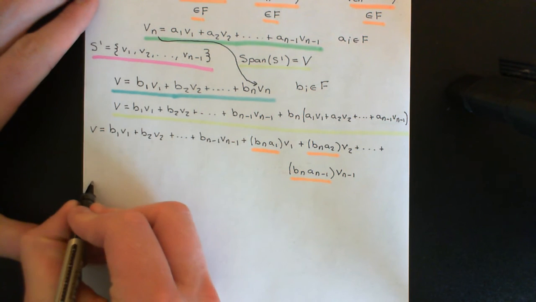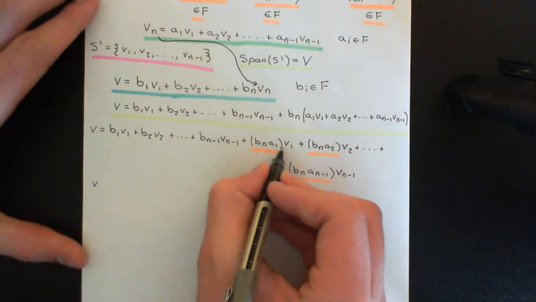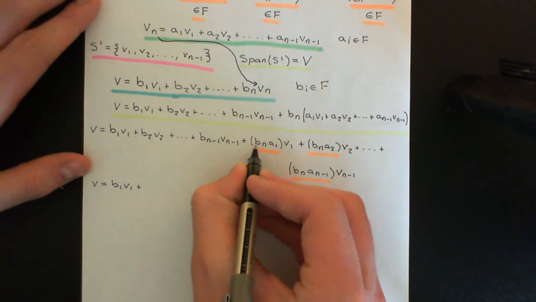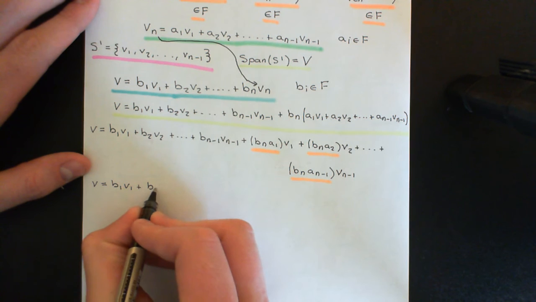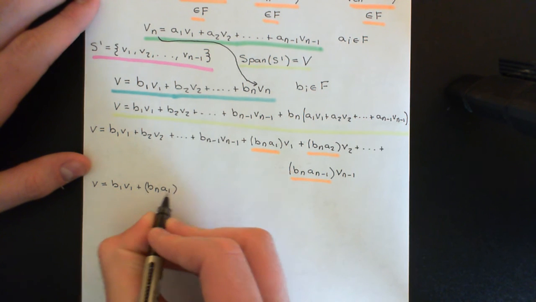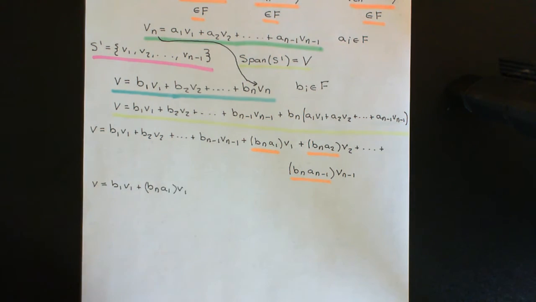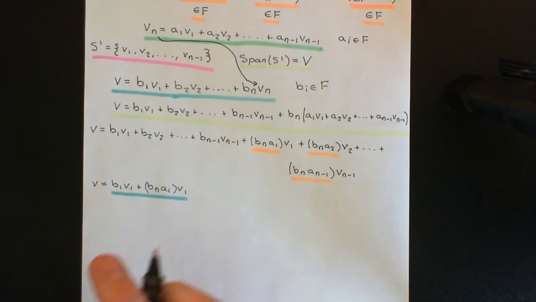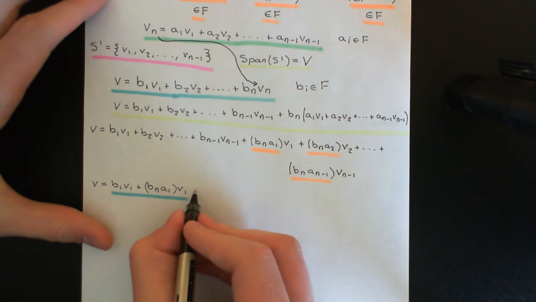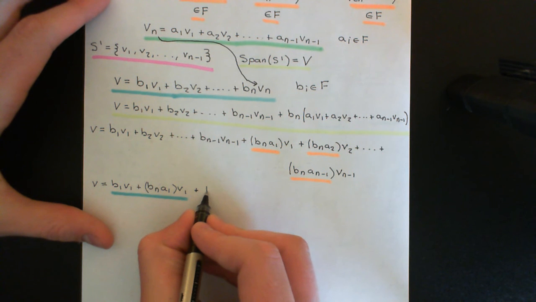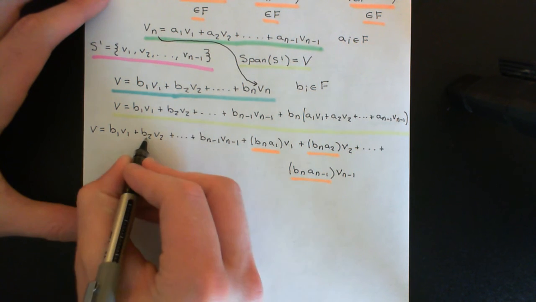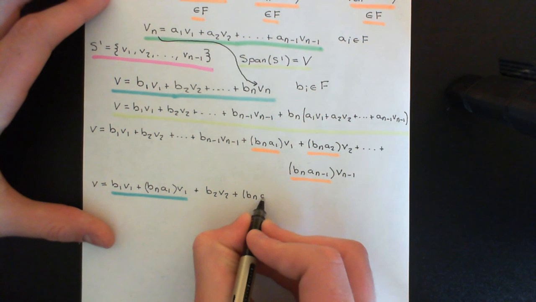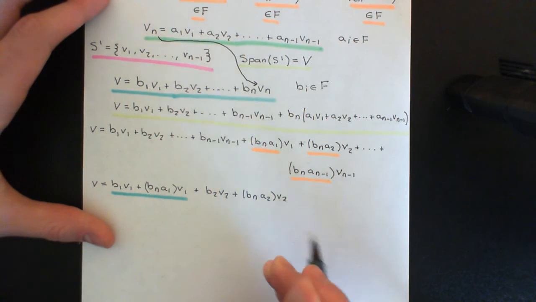So I'm going to bring this one and this one next to each other. So v is going to be equal to b1 times v1 plus this thing over here, so plus bn times a1 times v1, like so. I brought the two things that contain the vector v1 close to each other. Then I'll do the same for the vector v2. So then I'll have plus b2 v2 from here, and then plus this portion from over here, so plus bn times a2 times v2, like so.